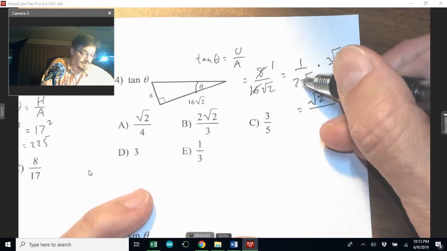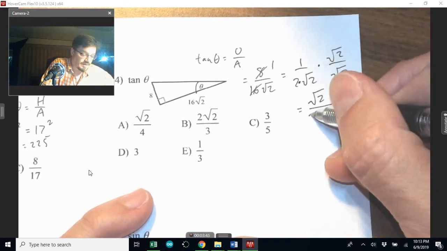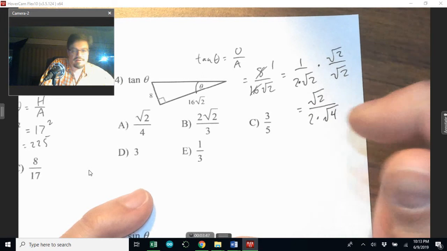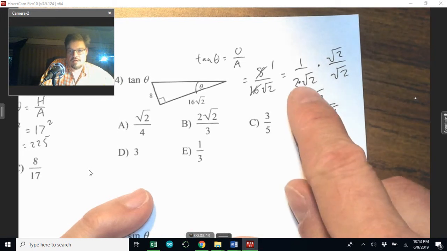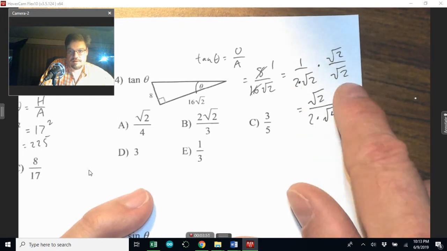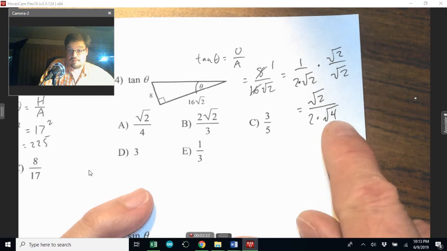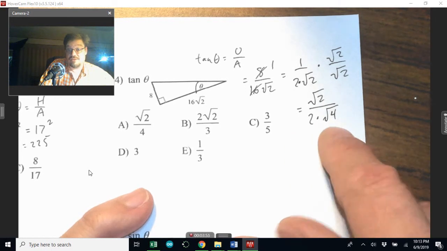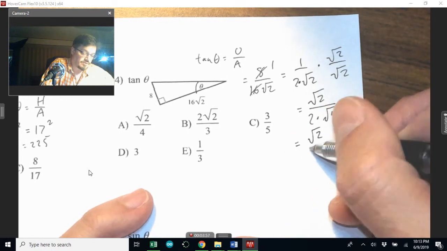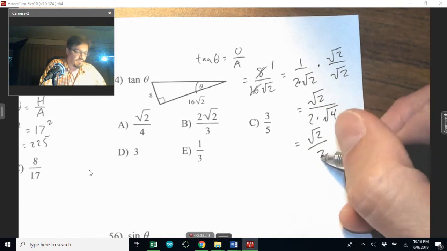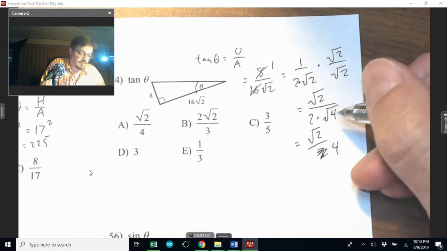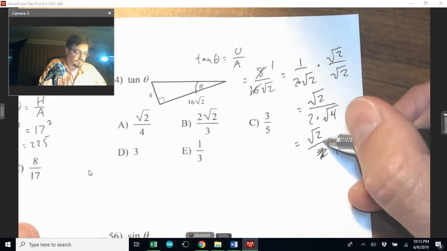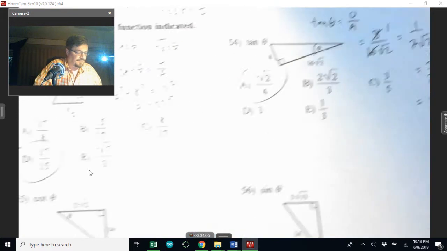So 2, remember, is still there. 2 times radical 2 times radical 2 is the same as 2 times radical 4. Now radical 4 is 2. So you have radical 2 over, I'm sorry, over 4, because 2 times 2 is 4. And that's A.